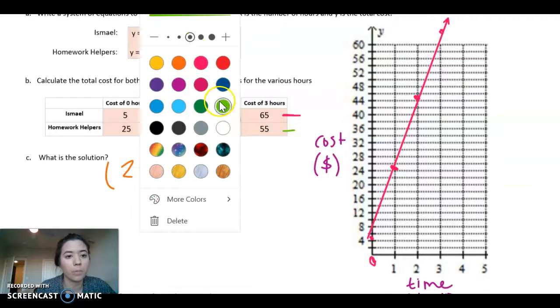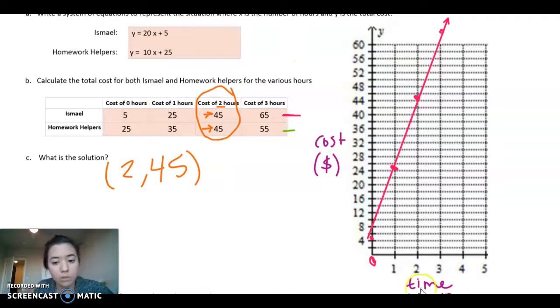Now we'll do homework helpers in green. So we had 0, 25. So at 0 hours, they cost $25. For 1 hour, it costs $35. At 2, it costs $45. And then at 3, it costs $55.